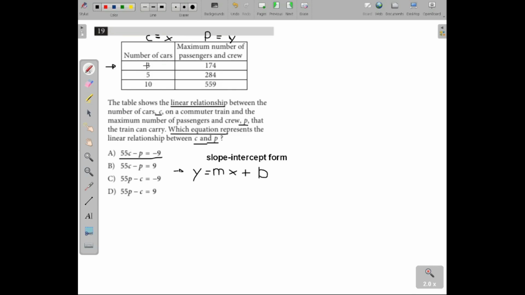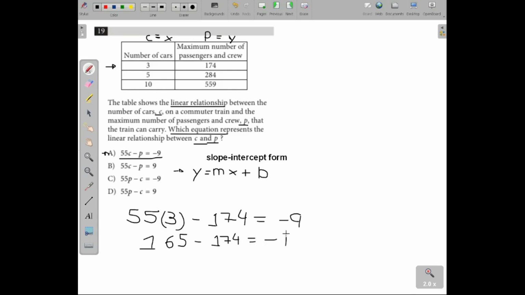We'll use these two values, 3 and 174, using the A equation. 55 times 3 minus 174 has to be equal to -9. 55 times 3 is 165 minus 174 equal to -9. 165 minus 174 is -9. This equation is consistent. -9 is equal to -9.